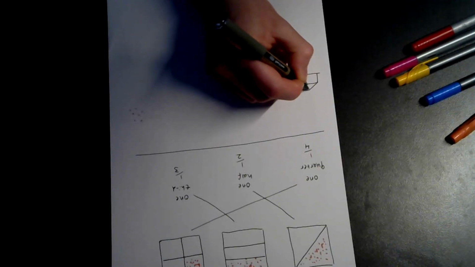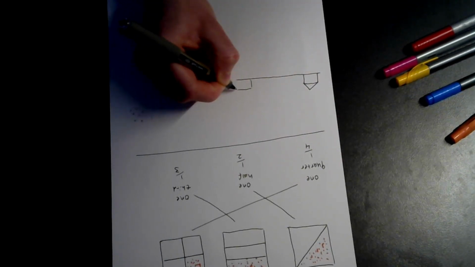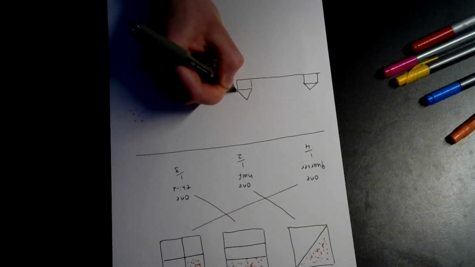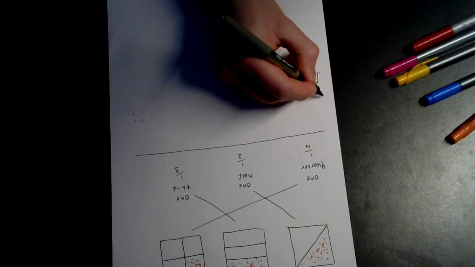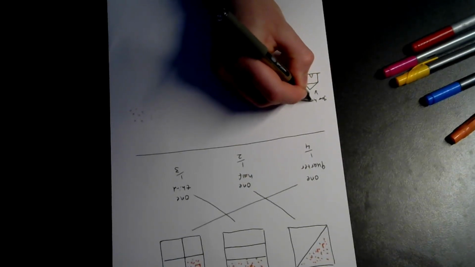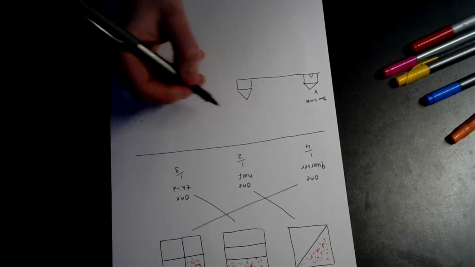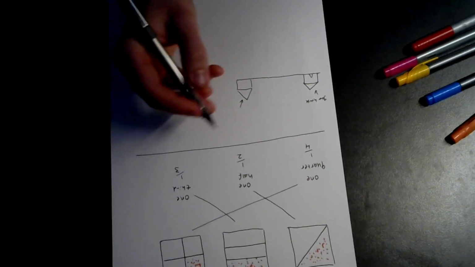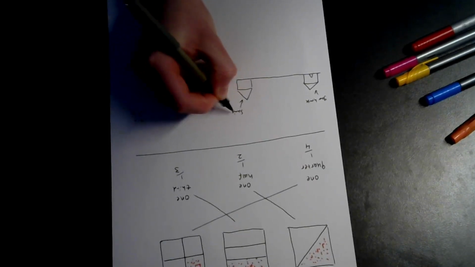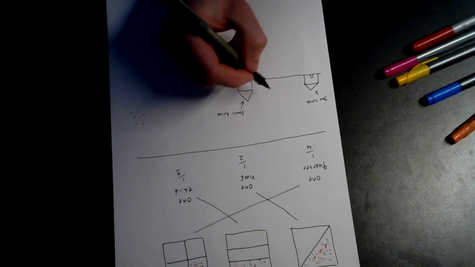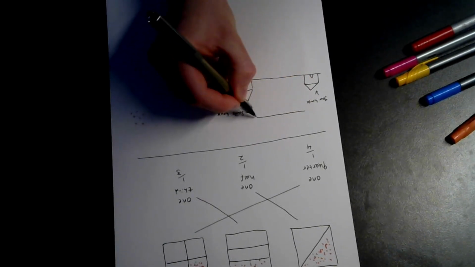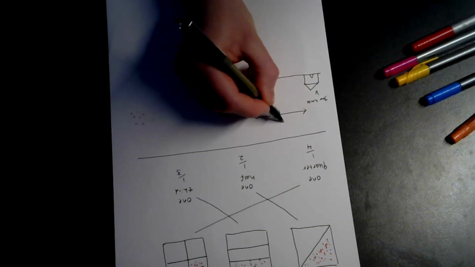So the situation is as follows. You are walking from your house to Sam's house, which is 2 miles away.